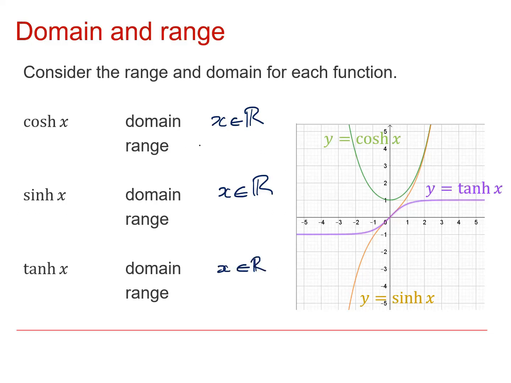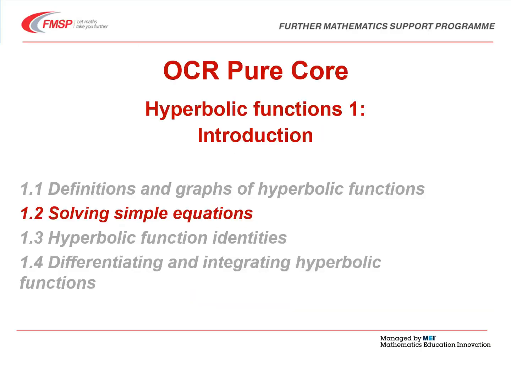The range, well, cosh x is greater than or equal to 1, and we saw that earlier on in this video. Sinh x can take any value at all, so sinh x can be any real number. And as we've seen earlier on, tanh x lies between 1 and minus 1.